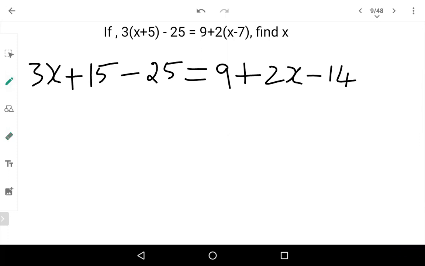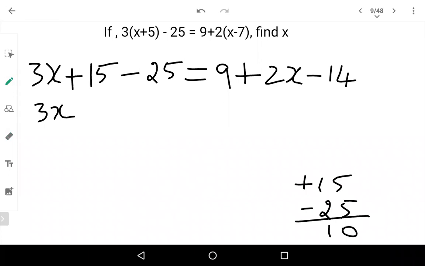Now let us move on and simplify. So 3x and then you have 15 minus 25. Correct? 15 minus 25. Here you're supposed to subtract them because one is plus and one is minus. And here if you see the bigger number has minus, so you have to retain the minus. Good.